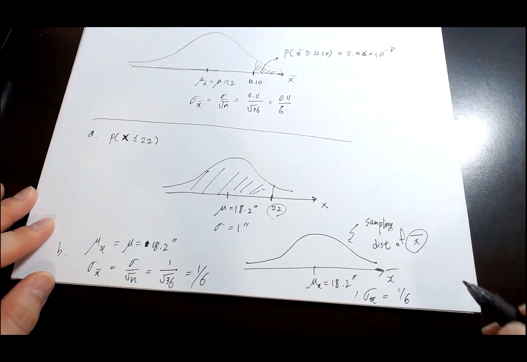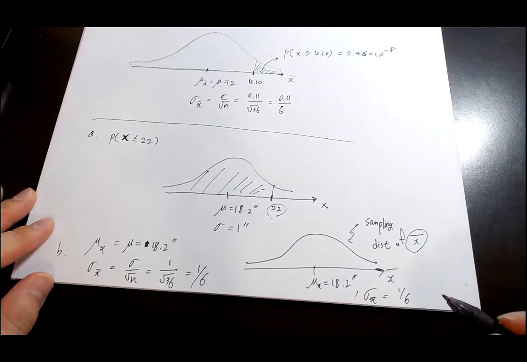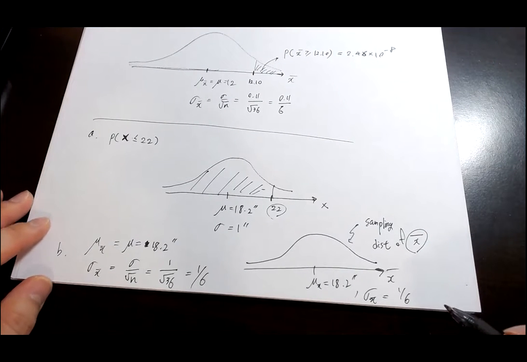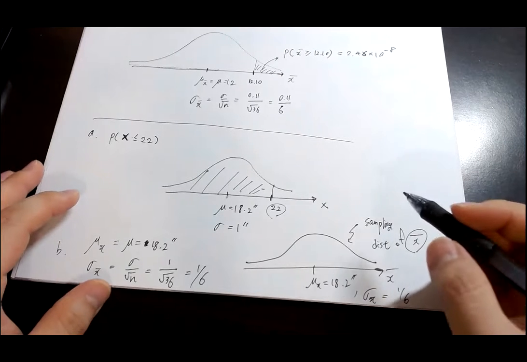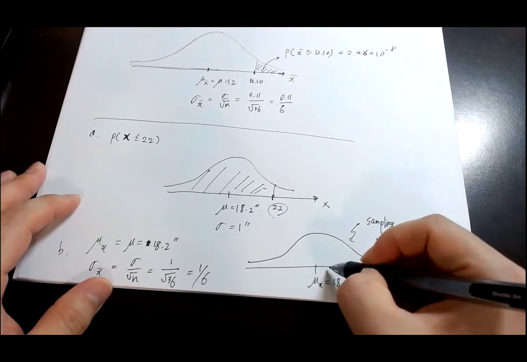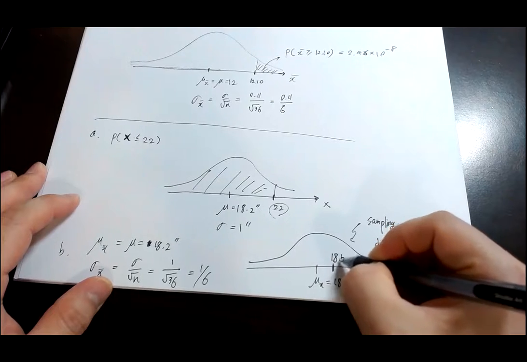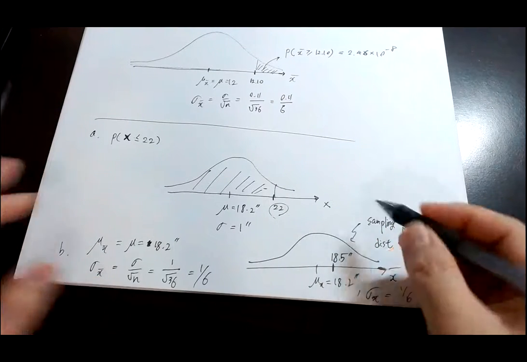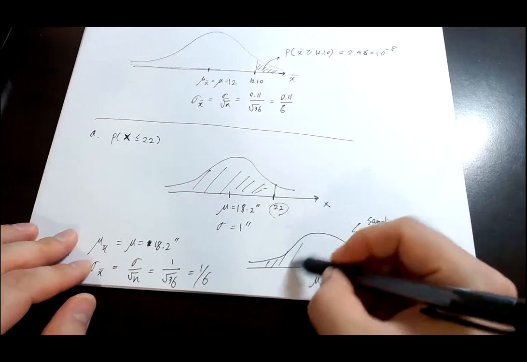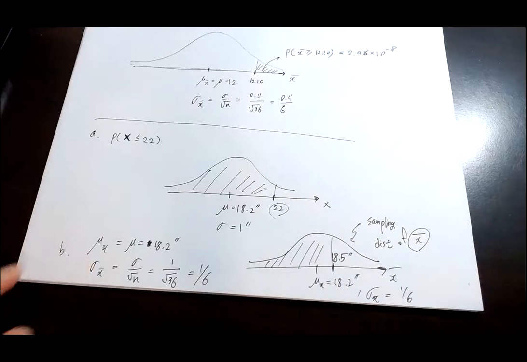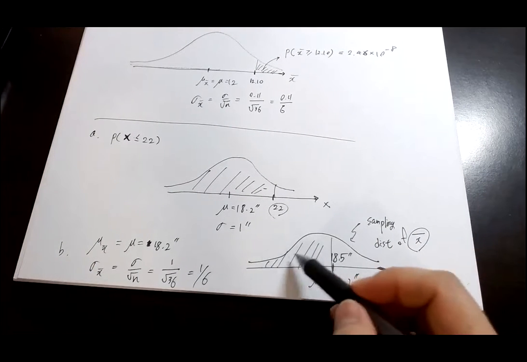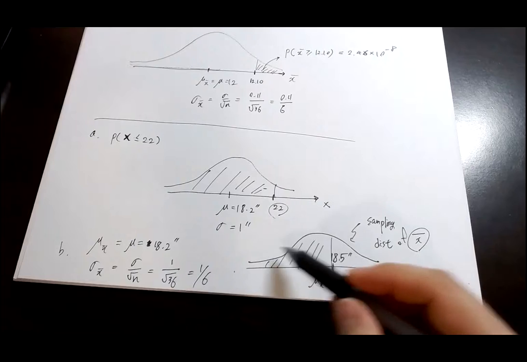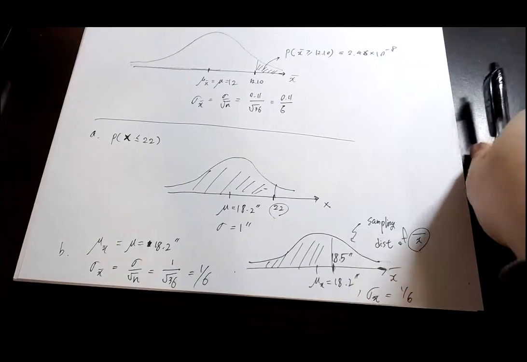1/6. Now we need to figure out the probability that their mean shoulder breadth is less than 18.5, maybe right there. So we find the area from negative infinity to 18.5 under the graph of the sampling distribution of x bar.